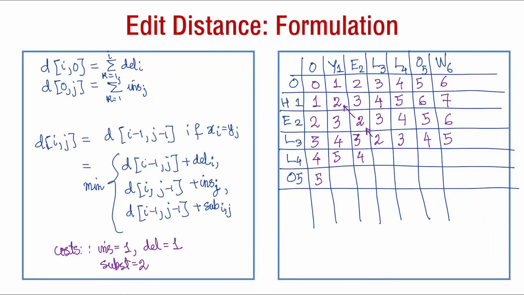Now L will match with L, and this will again become 3. Either it will come from the diagonal or it will come from the top, based on the equation that we have here and the costs that we have defined. Similarly, this L will now come from here, and this L will become 2.